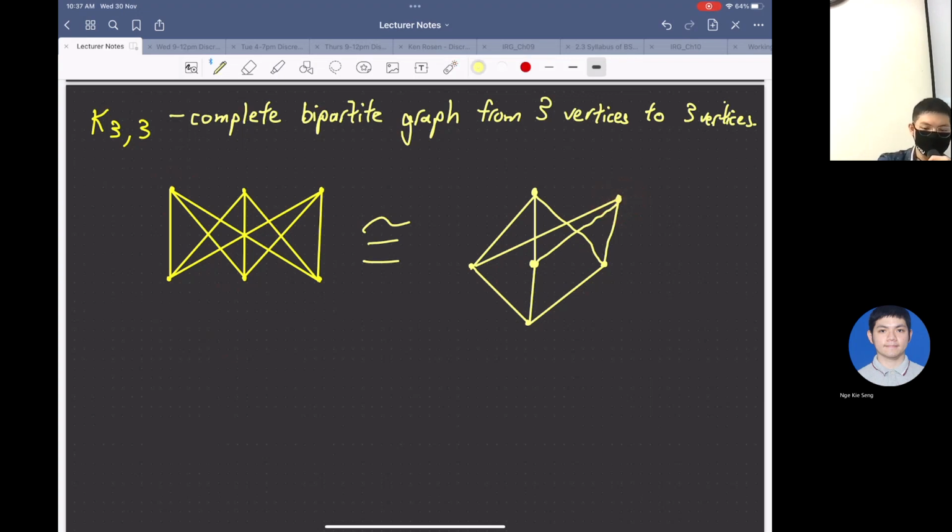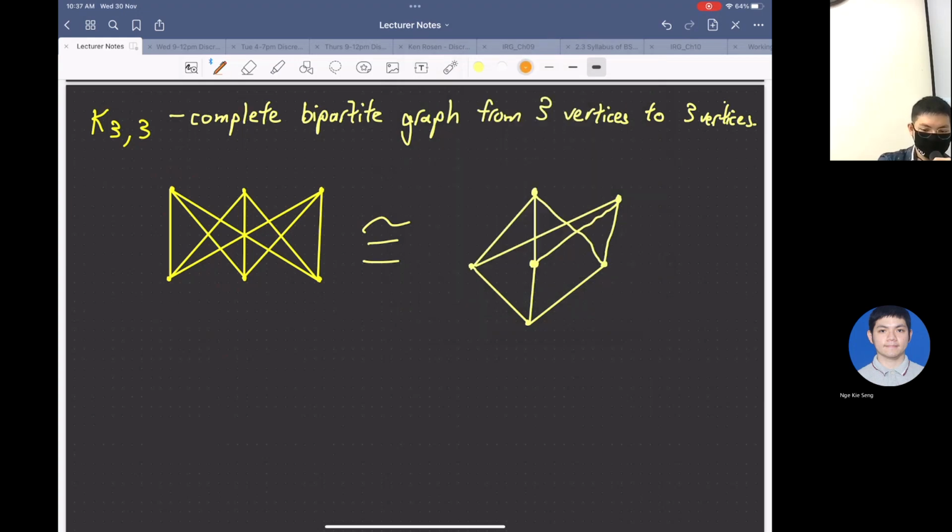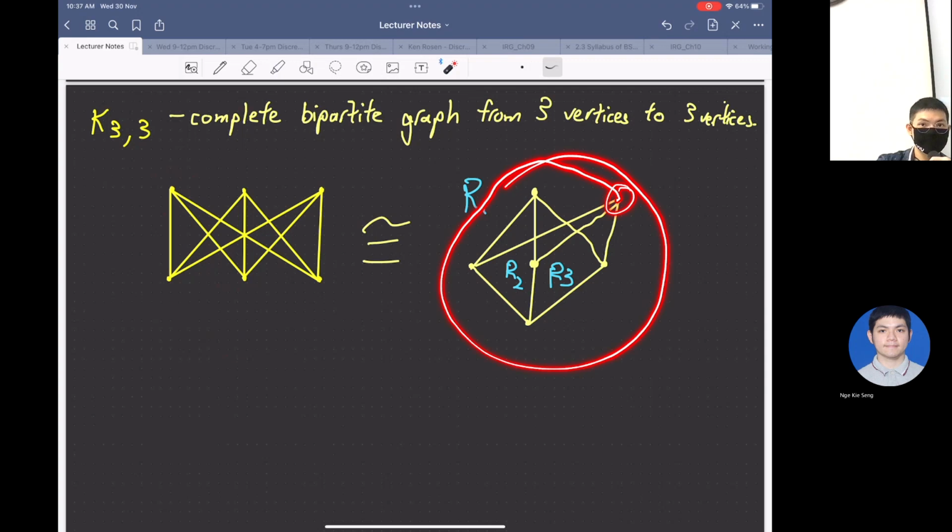How many regions do you got? You can either put it outside, or put it inside here, or put it on this side, R2 or R3. So there's three places you can go.